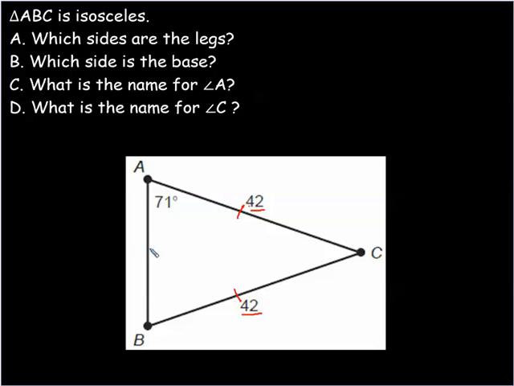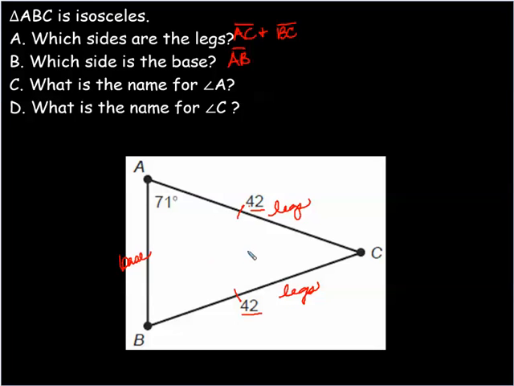So we know that AB down here is going to be our base, segment AB, and we know that our legs are AC and BC. So these are the legs. This is the base down here.